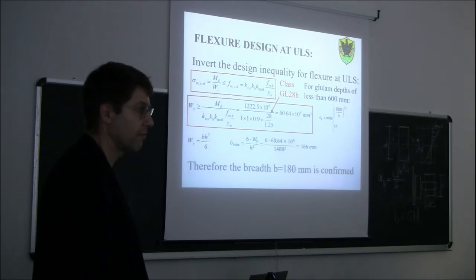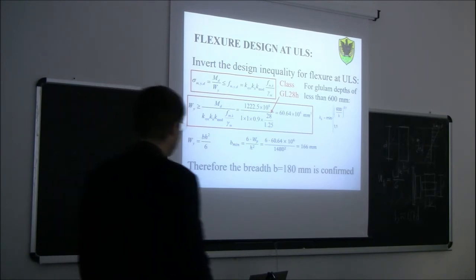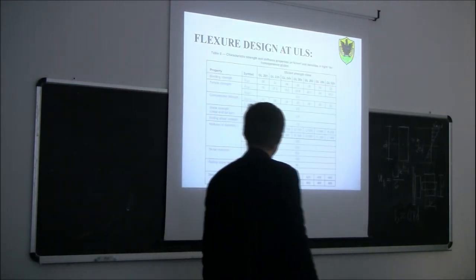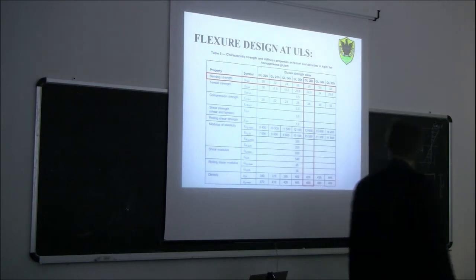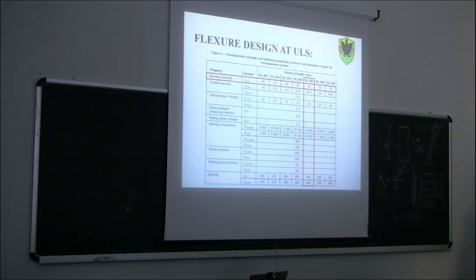Other doubts? Okay, so this is the reference table here. If you remember, there is also another reference table for combined ruler that I gave you before. We were talking about engineering products.